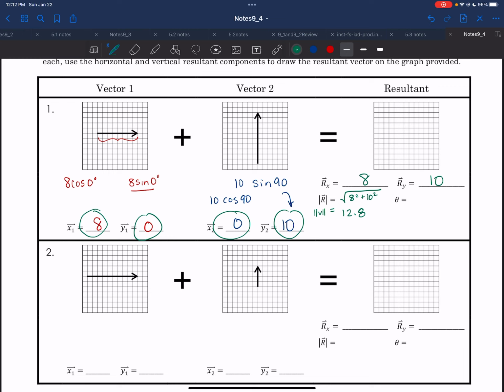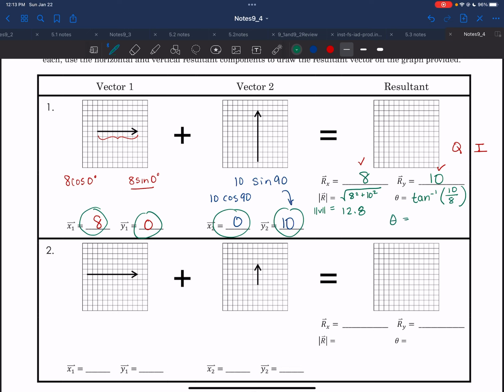And then my angle is going to be the inverse tangent, like we've always done, of y over x, so 10 over 8. Now, before I do this on my calculator, I do want to notice that my 8 is a positive number and my 10 is a positive number, so we are in quadrant 1. So when I get my tangent, I don't have to do anything to it. It is as it is. So that angle, when I work it out, is going to be 51.34 degrees.